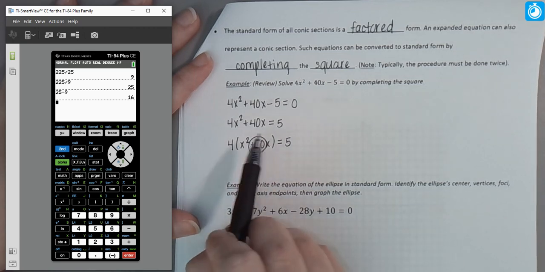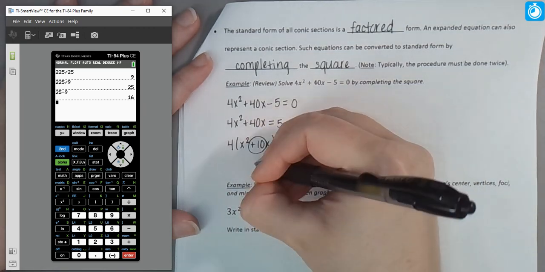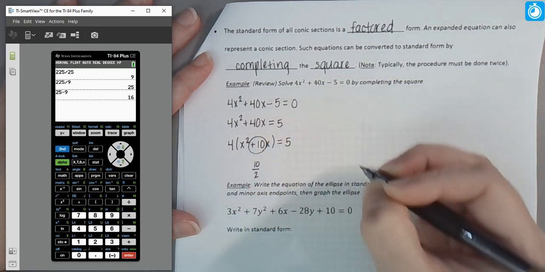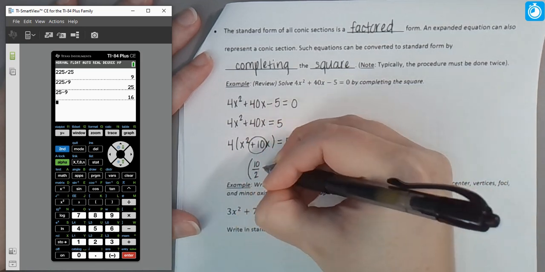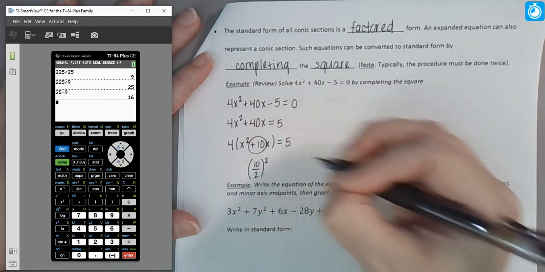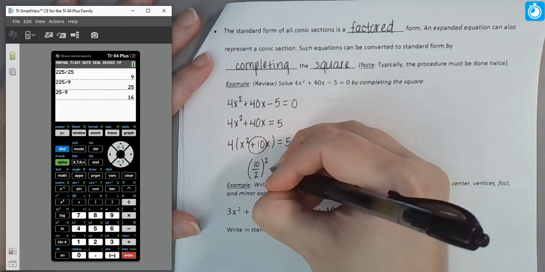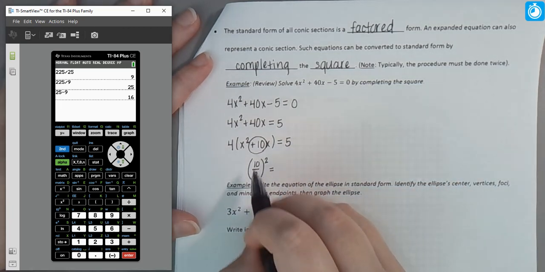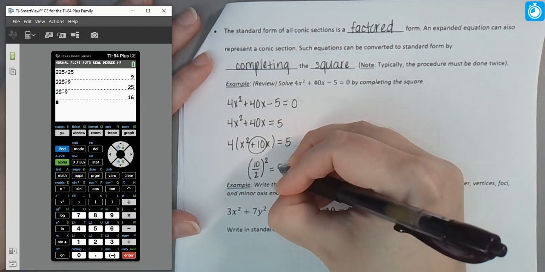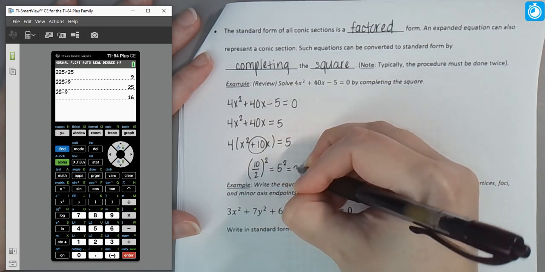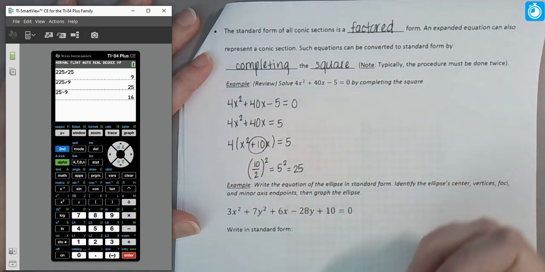I'm going to take whatever this coefficient is, divide it by 2, and then take that whole result and square it. So what is that number actually in this case? Well, 10 divided by 2 is going to be 5, so that's going to be 5 squared, which is otherwise known as 25.